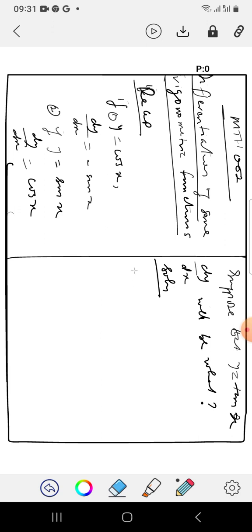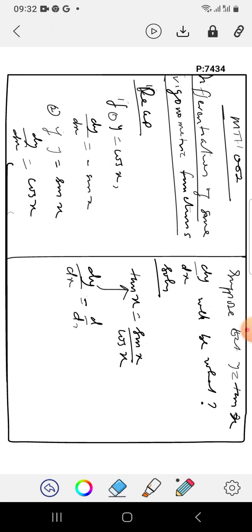We know that tan x is the same thing as sine x over cos x. We have done that before. So if y is tan x, then dy/dx is the same thing as d/dx of sine x over cos x. That's what we are technically doing.